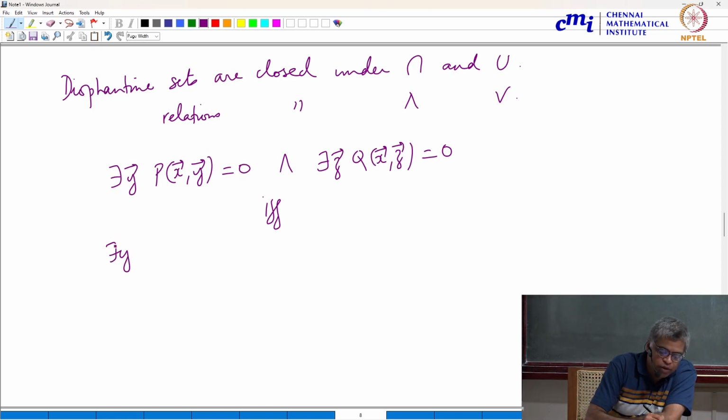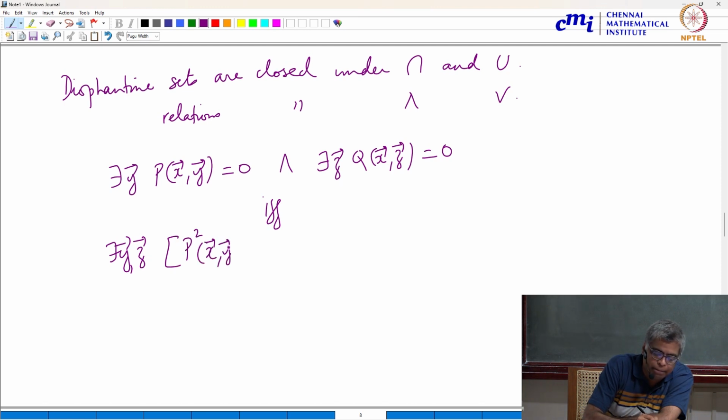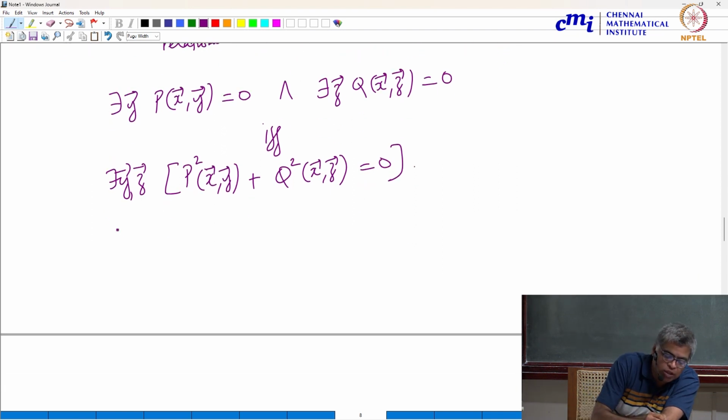So you can say if and only if there exists y hat and y vector and z vector such that P squared... very nice. What about R? This holds R, that holds. So that's one result.